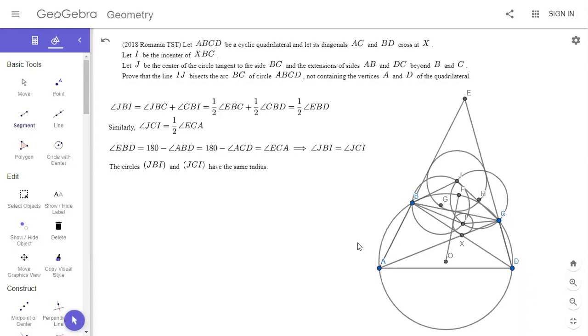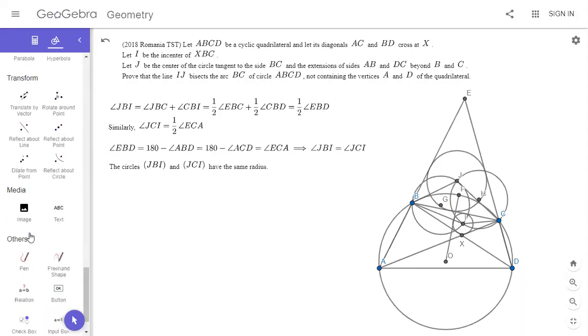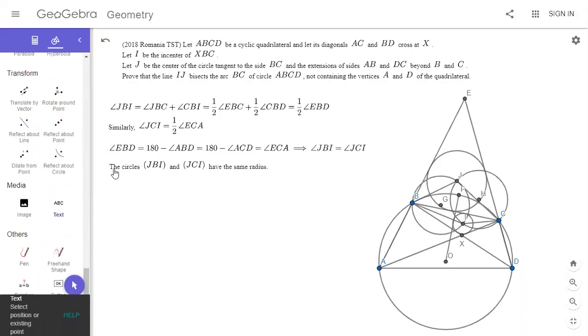So basically, there's a couple ways of thinking about it, but actually, let me write it out this way. This is probably even simpler. JI is the perpendicular bisector of GH.